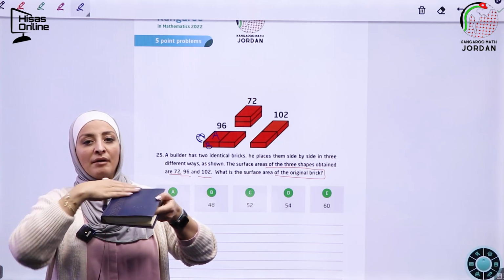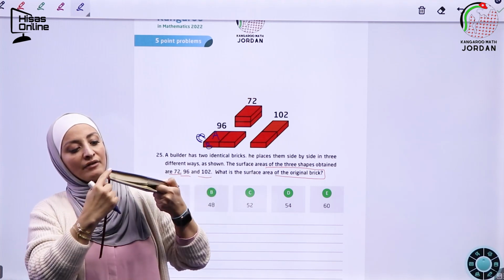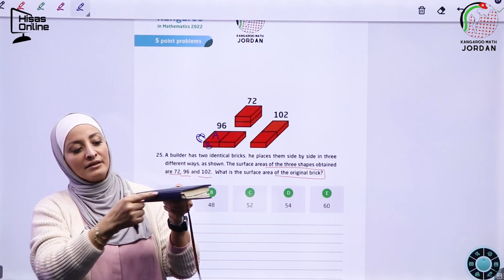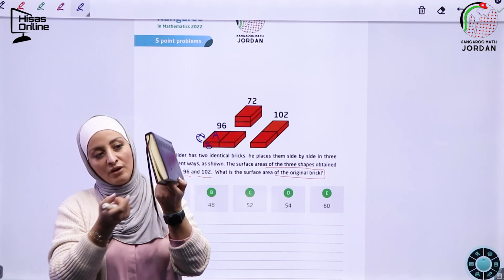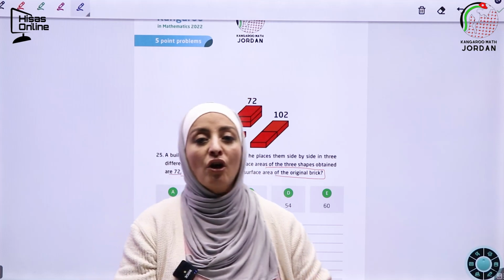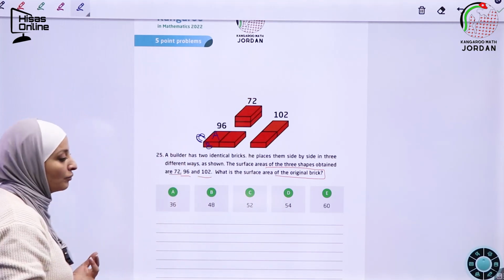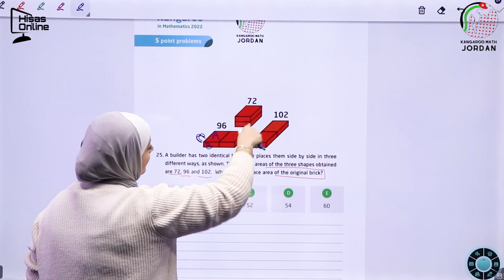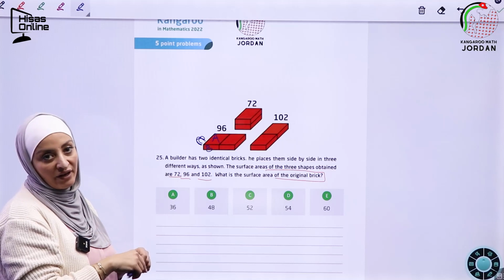This is the first type of the rectangle we may have, and here we now have another one, and here we have the last. So 2 of this, and 2 of that, and 2 of the last face. So we will represent A, B, C. So generally we have 2A, 2B, 2C. But as you see, each time one face is missing, it has only one of it, you know?